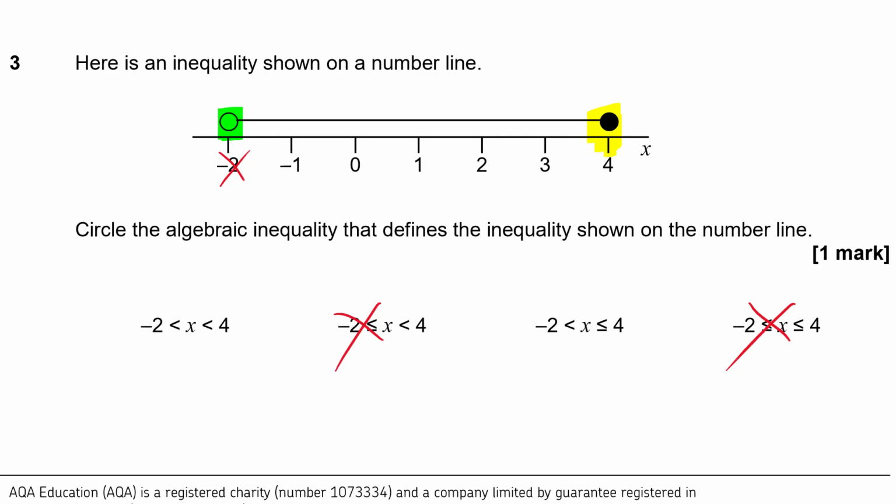So that means it's not that one. It's got to be that one there. Okay. So at the bottom end, I've got an open circle, which means my endpoint is not included. And at the other end, I've got a filled circle, which means my other value is included. Okay.